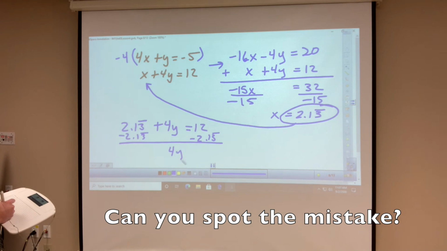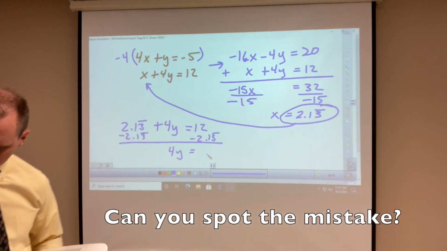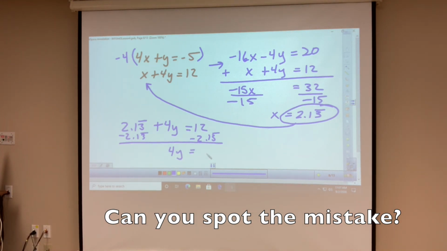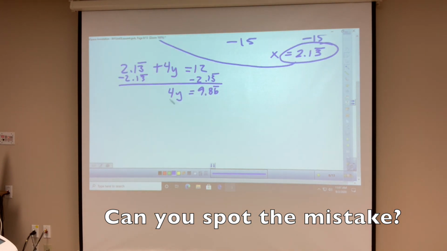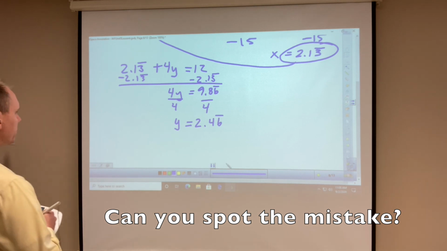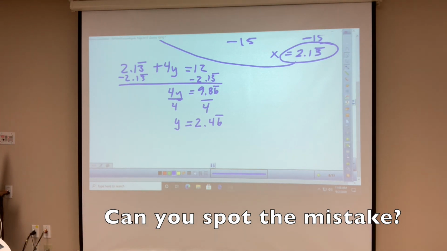So we get 4y equals 12 minus that value, which is 9.86 repeating. Then we divide both sides by 4 and get y is equal to 2.46 repeating.